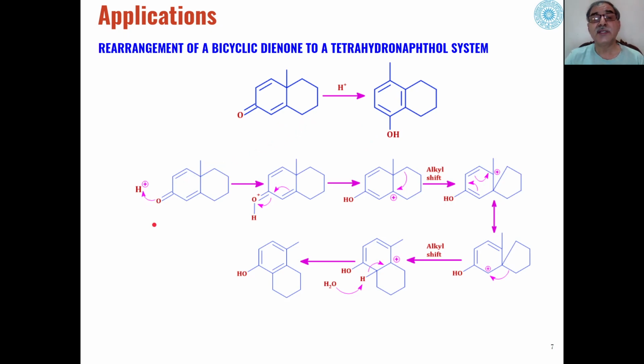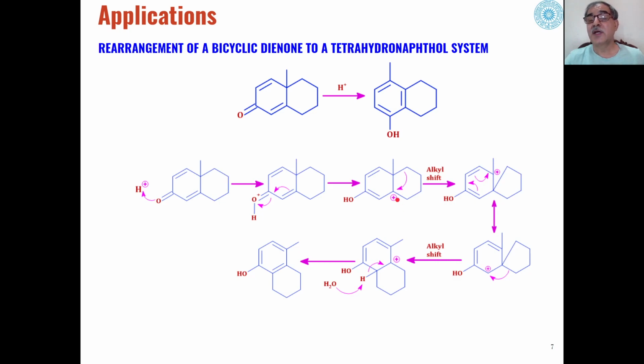So here, as we have seen in the general mechanism of dienone phenol rearrangement, the first step is that the acid reacts with the oxygen of the carbonyl, and this type of positively charged intermediate is formed, which then rearranges to a more stable carbocation.